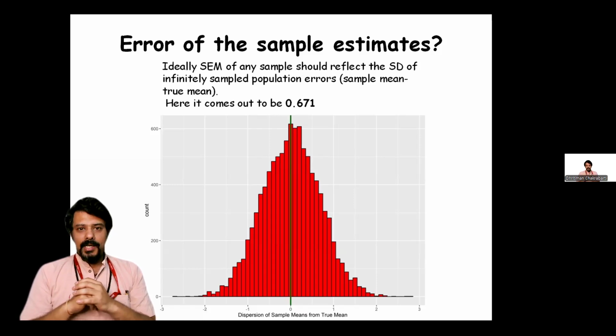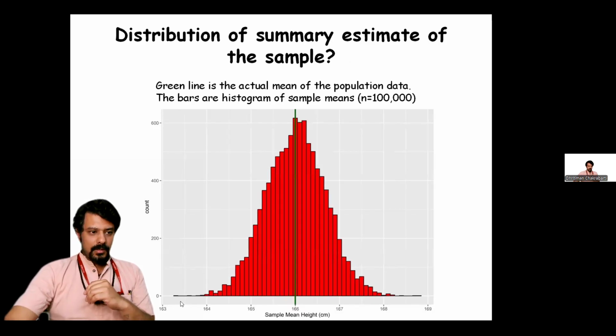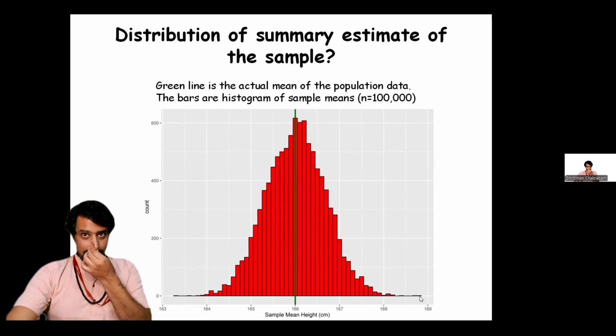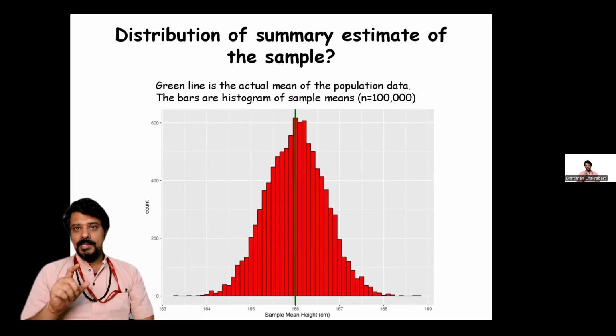Okay, next. Now we know that the actual mean of the population was 166, and we have a distribution of sample means, ranging from almost 163 point something to 168 point something. Each mean which is different from 166 is basically an error in measurement. That's what error means, difference from the true estimate.